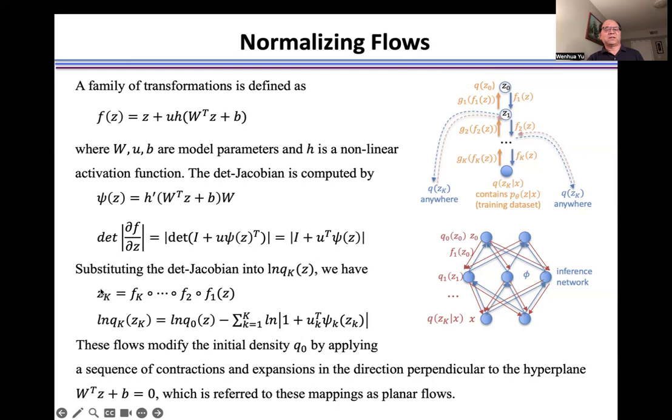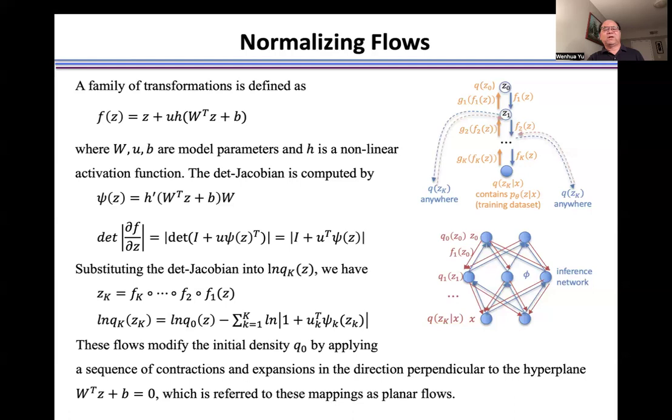We have this Zk, and now we have this log variational distribution Qk. Once we get this variational distribution, we can use gradient descent to train the model.